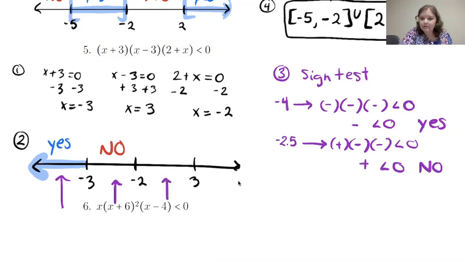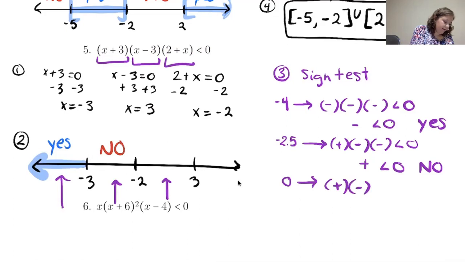Okay, so then we will stick something in from -2 to 3. So that one has a 0 in it, so 0 is good. We're going to pick 0 and plug that in. So here, the first term, 0 plus 3 is positive. The second one, 0 minus 3 is negative. The third one, 2 plus 0 is positive.